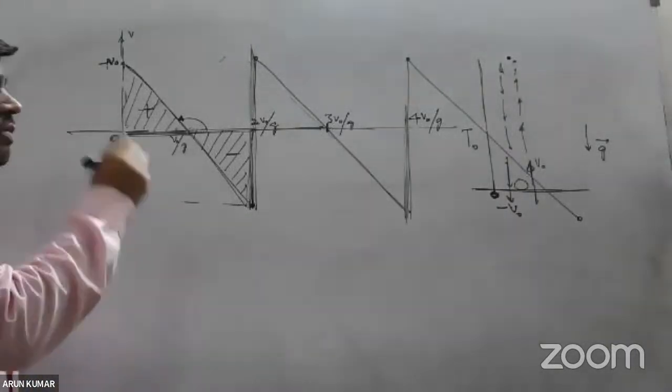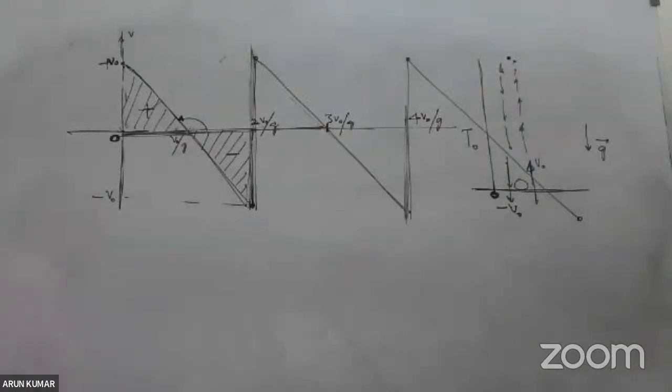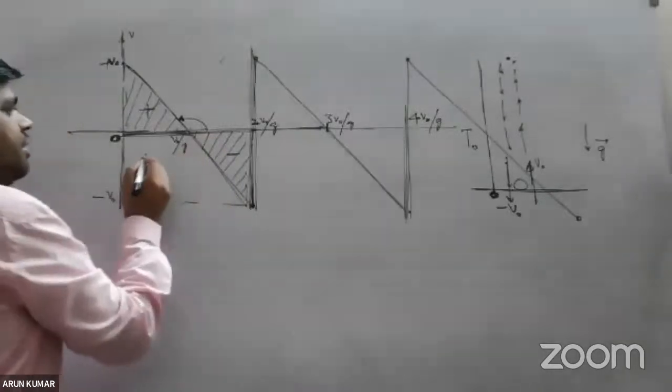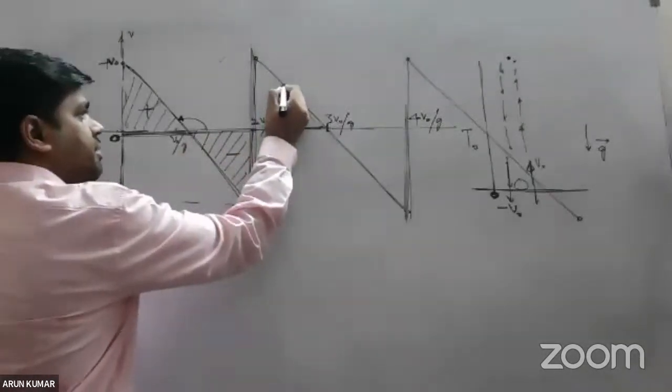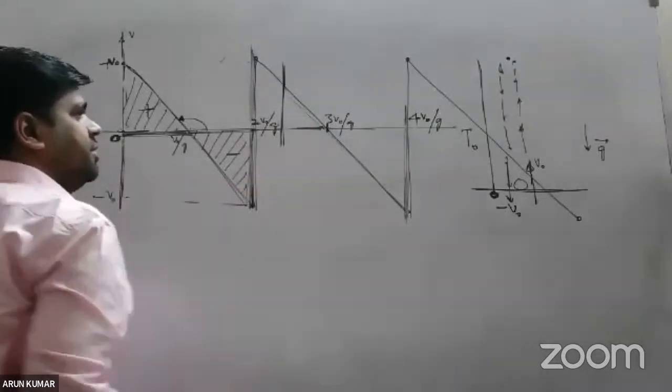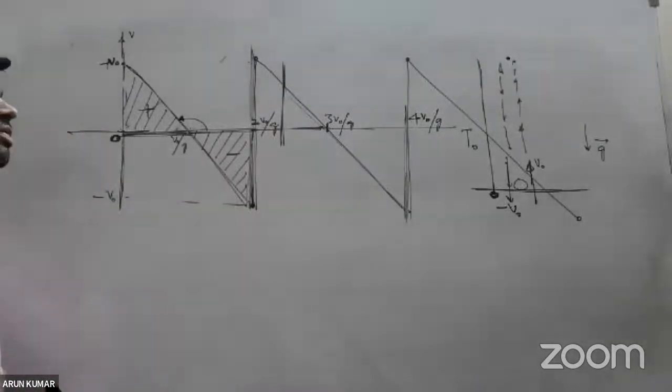Now, at one particular time, you have to tell me whether the particle is going up or coming down. Alright? Here, at this instant of motion, is the particle going up or coming down? Moving up, sir.